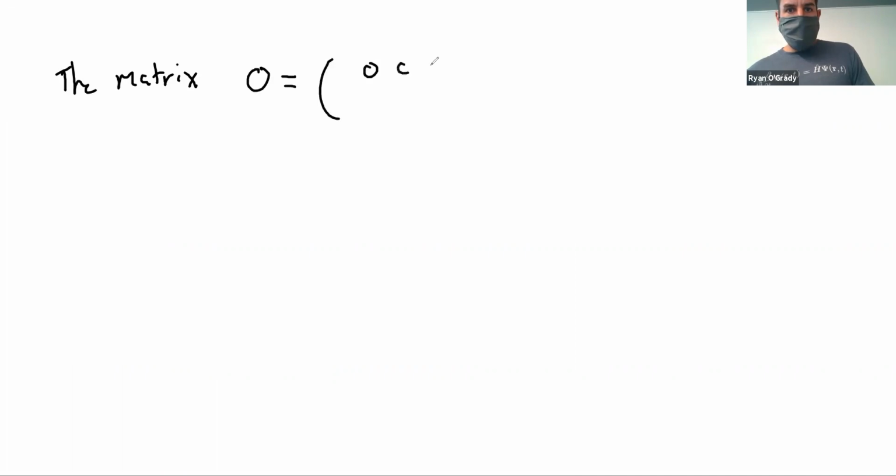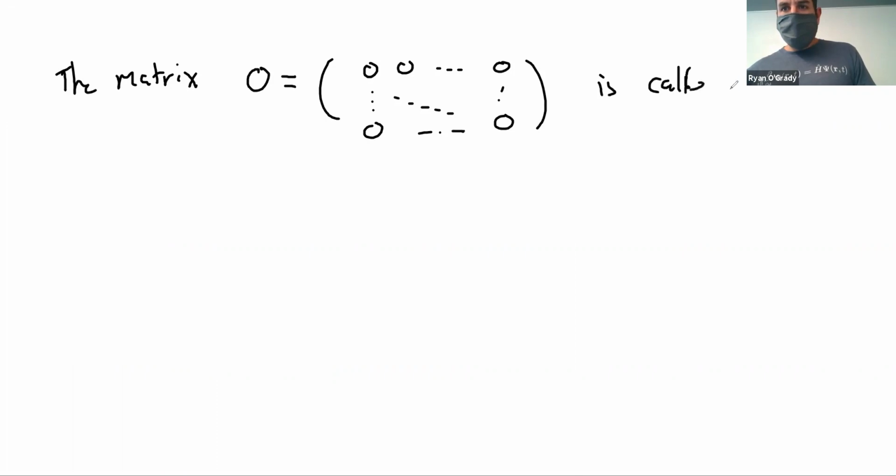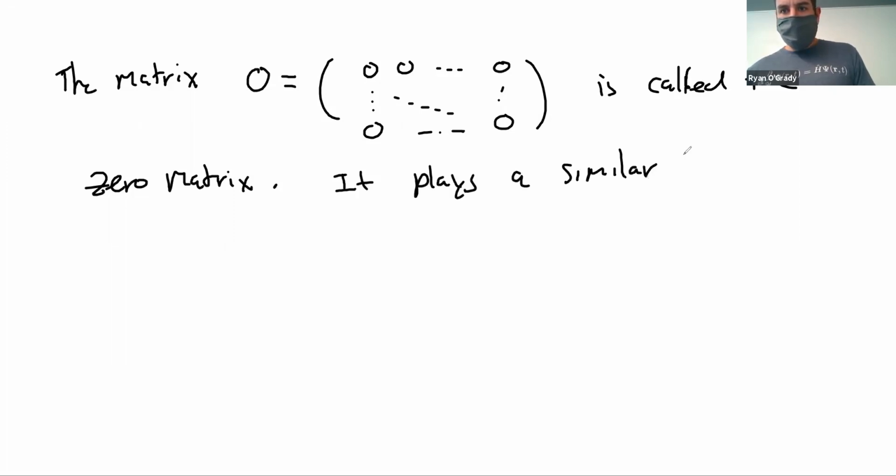The matrix with all zeros is called the zero matrix. It plays a similar role to the number 0.